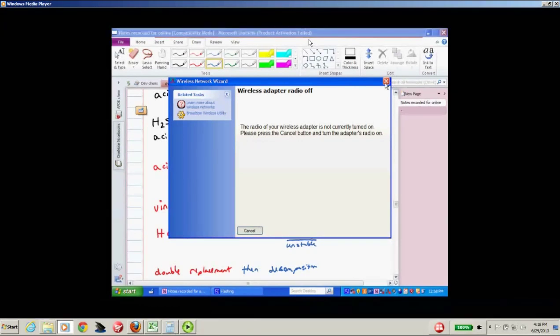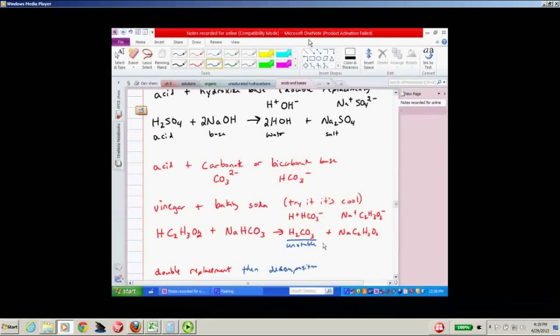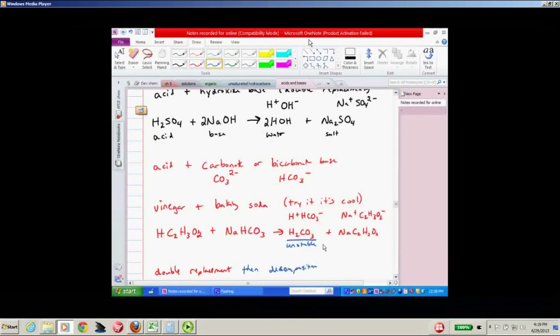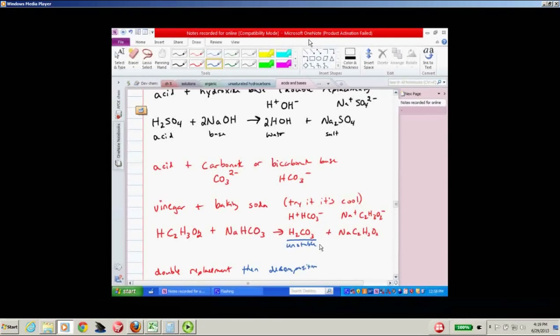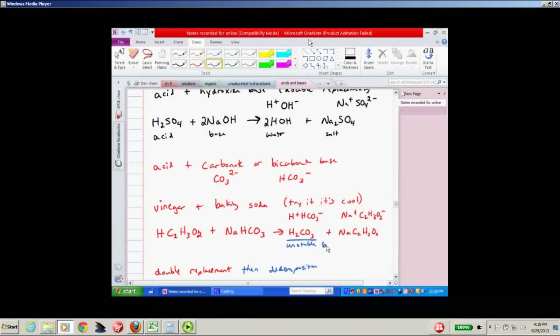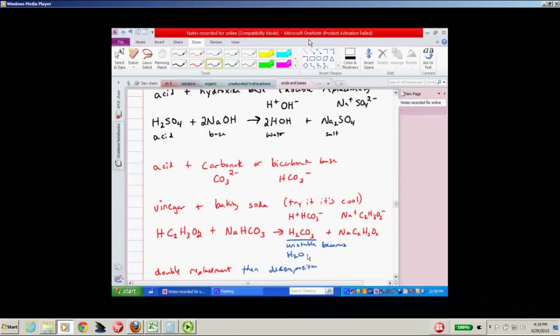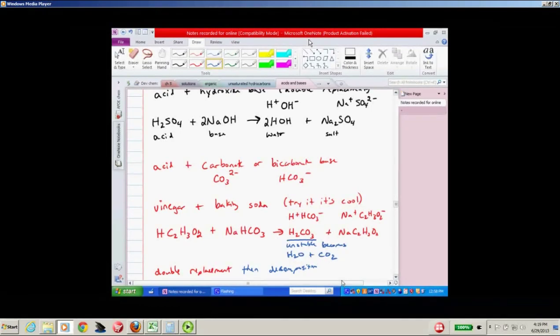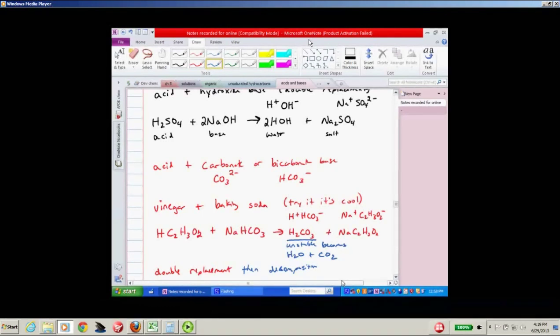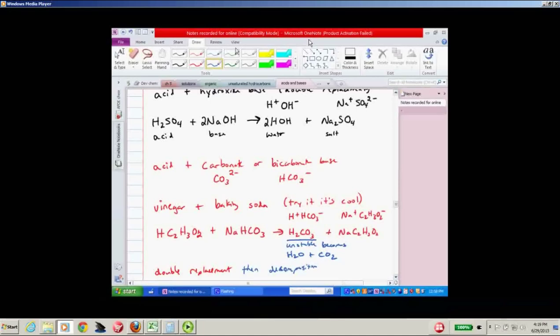And what you're going to get is water and carbon dioxide. Carbon dioxide is why you see the bubbles and why it's cool if you mix vinegar and baking soda. And that's going to happen anytime you've got that CO3 in your base. You're going to make water and carbon dioxide, and it's going to bubble when it reacts.